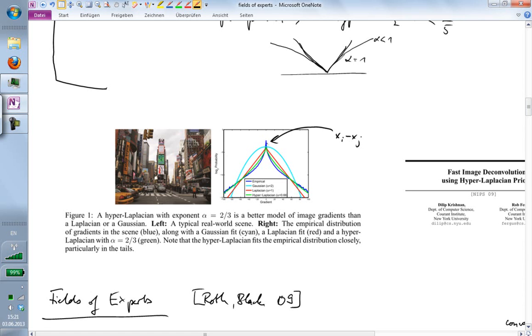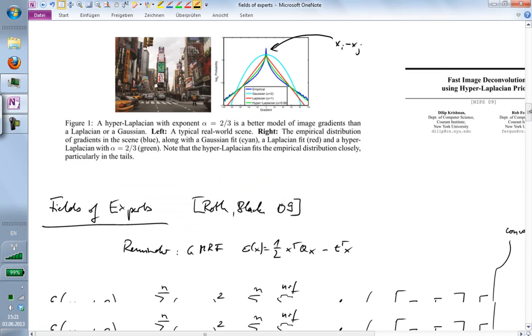For example, I would like to have it a little more highly peaked here, and you see there's also some deviation between the blue and the green curve there, and these deviations I could make smaller by taking a weighted mixture of hyperlaplacians with differing parameters.